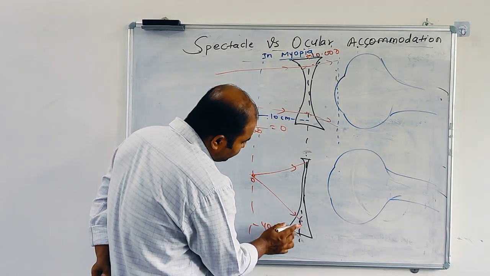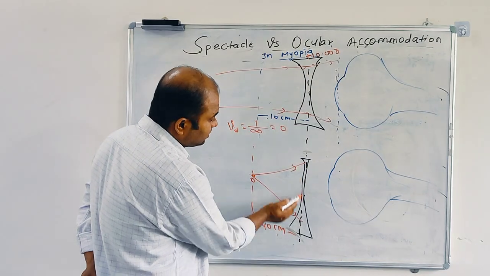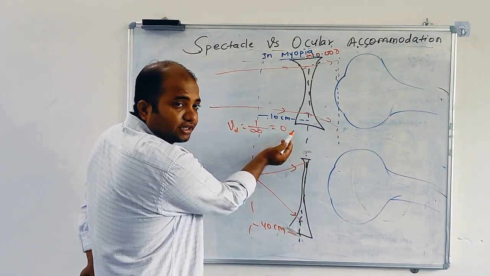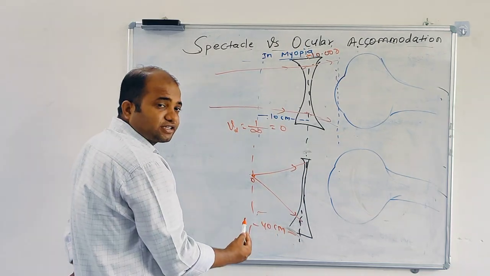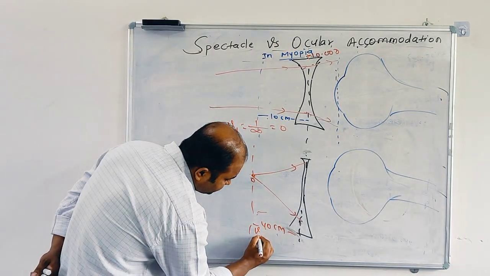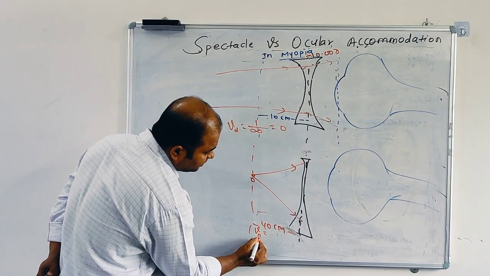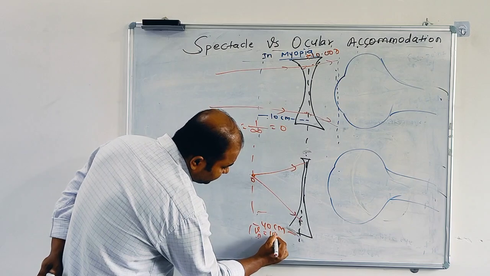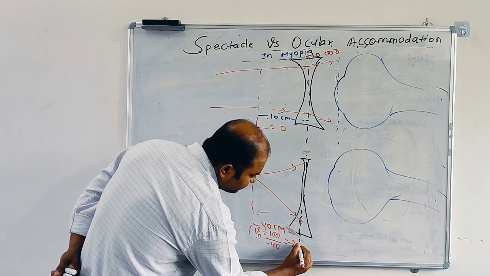So when the vergence of light is striking here, this is the plane where we are calculating the vergence. How much distance is this? 40 centimeter. Left side it is negative, so the vergence of light focused near at 40 centimeter will be 100 by -40. You will get -2.5 diopter.